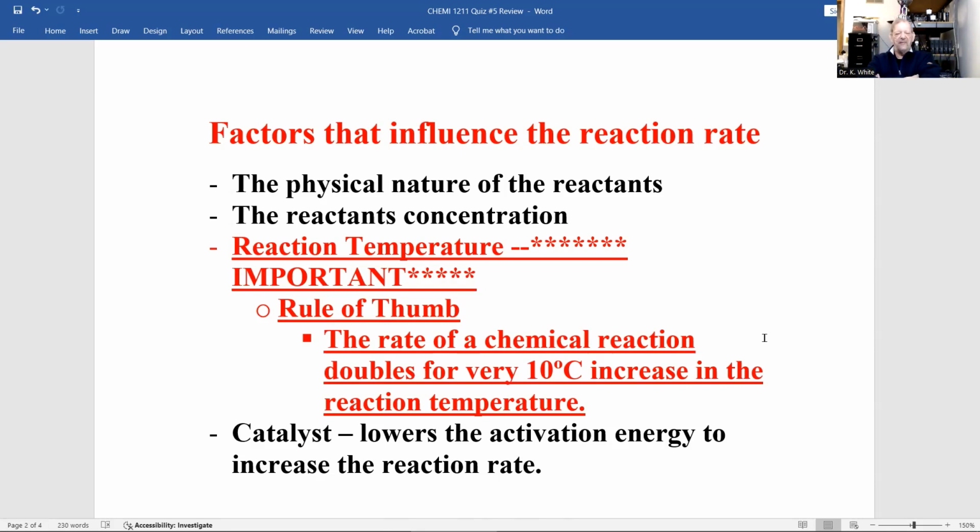And that was lame. But anyways, you should know that the rate of a chemical reaction doubles for every 10 degrees increase in the reaction temperature.